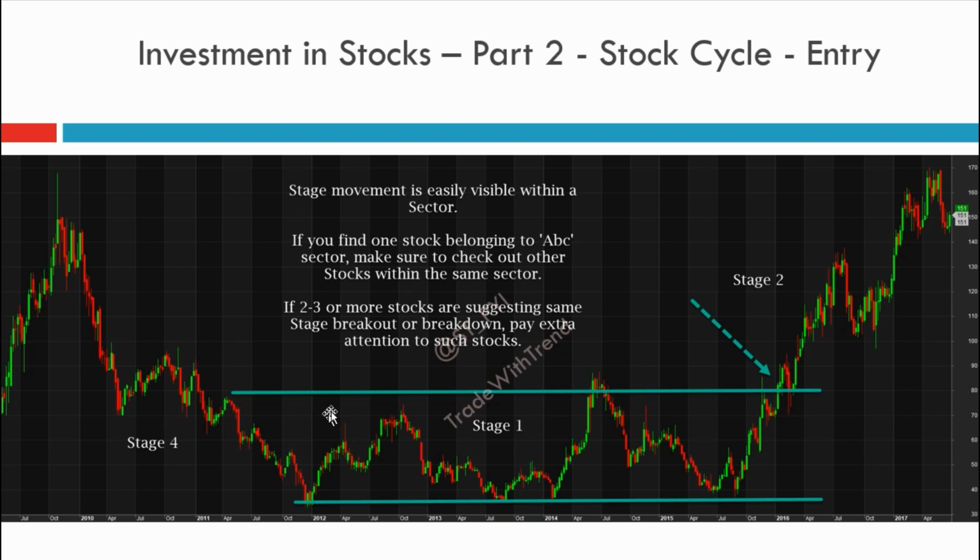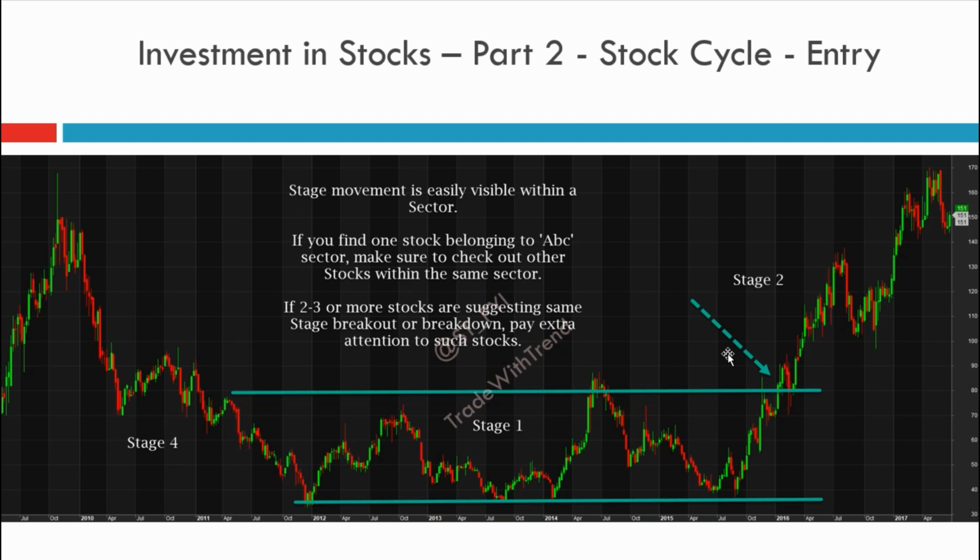If most of the banks are showing such horizontal consolidation and then breaking out, which means the sector at a broader market level is coming out of a stage one, that is the accumulation region, and moving into the markup region, now this becomes a high probability investment. Why? Because not a single stock, but a basket of stocks in a particular sector is trying to move up. Now that is an exceptionally strong setup.